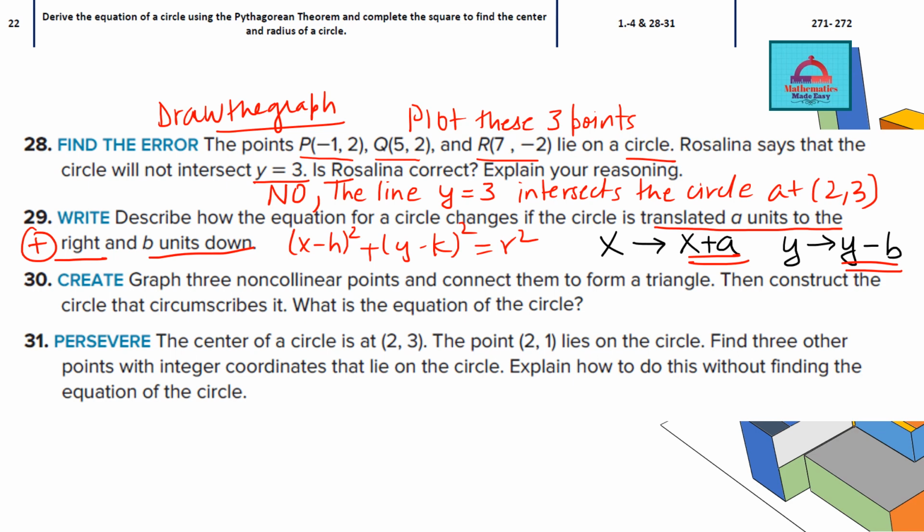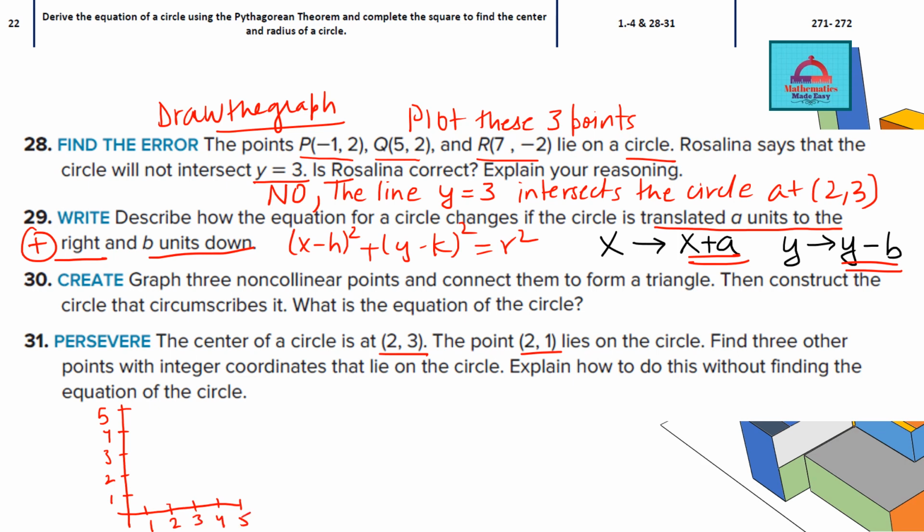Here the center of the circle is given to be (2, 3). I would again suggest you draw the graph of the question, and the point (2, 1) lies on the circle. So I'm going to draw a rough graph here for you, with 1, 2, 3, 4, 5 on both axes.